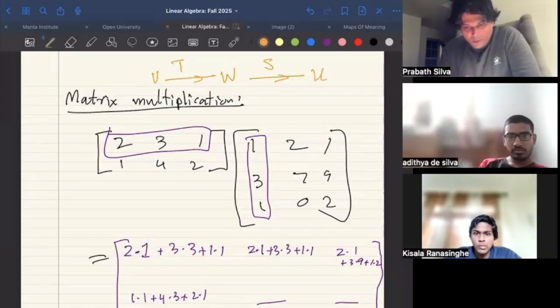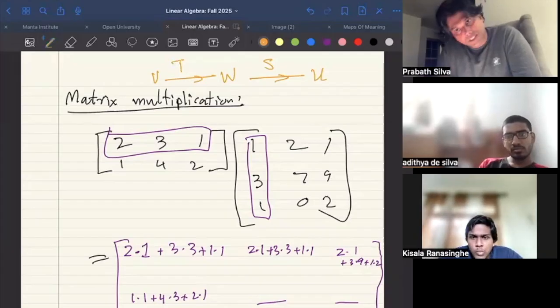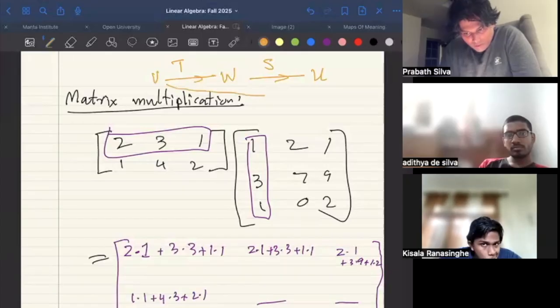If you pick a basis for V, W, and U, this linear transformation T can be represented by a matrix, and the linear transformation S can be represented by a matrix, right? And now when you have two maps like this, you can compute the composition of these two maps, just like in the case of sets.